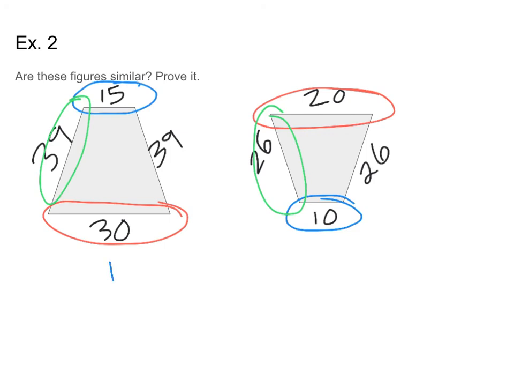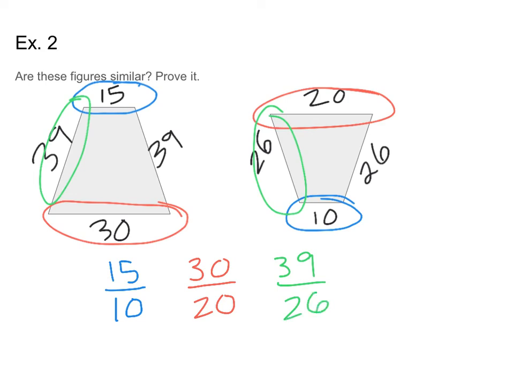So the question is, is 15 over 10 equivalent to 30 over 20 and 39 over 26? So your first check is to see if they can be simplified. So the first one can be divided by 5, numerator and denominator, leaving you with 3 halves.